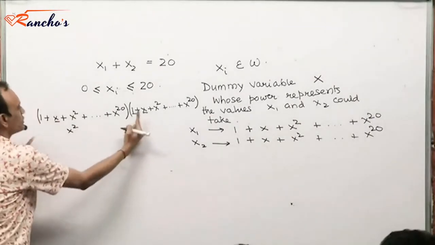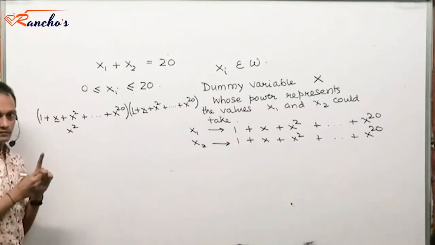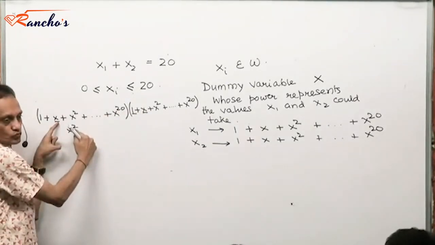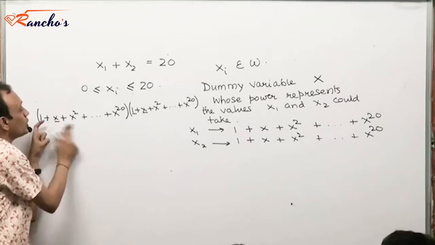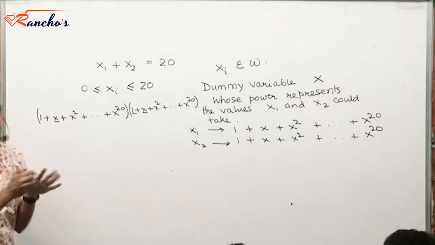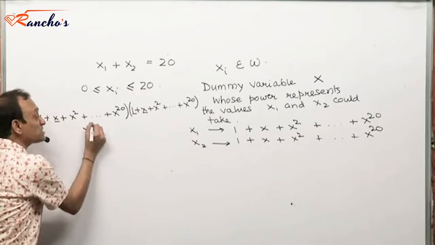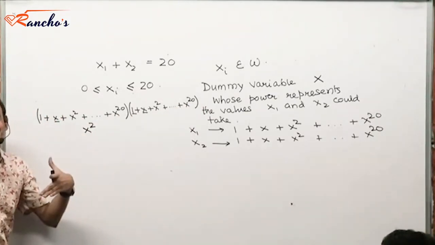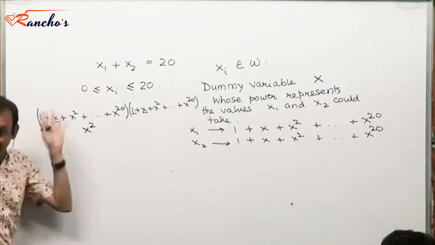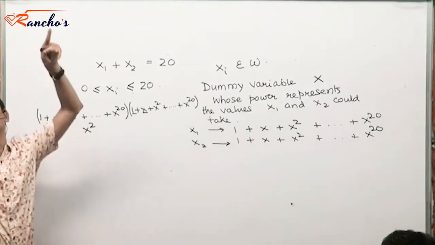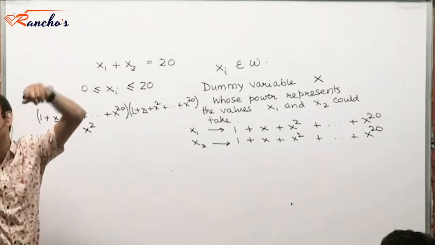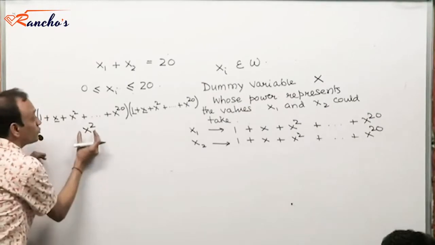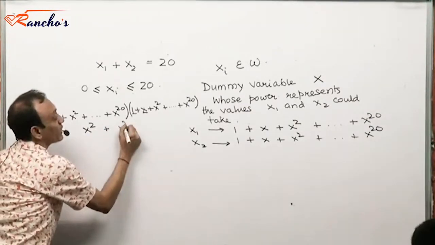When I multiply this into this, it means x1 and x2 add up to 2. So there are a number of x square terms that will appear when I multiply this. The number of times x square appears when I multiply the whole thing will give me the number of ways in which x1 and x2 add up to 2. Yes or no?